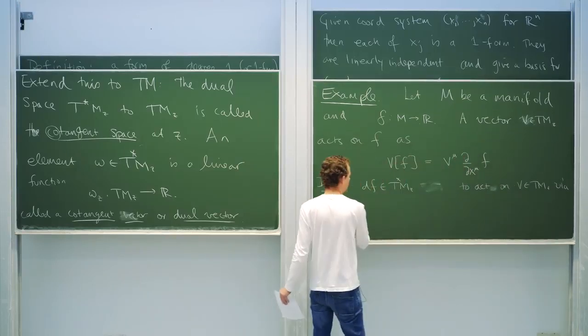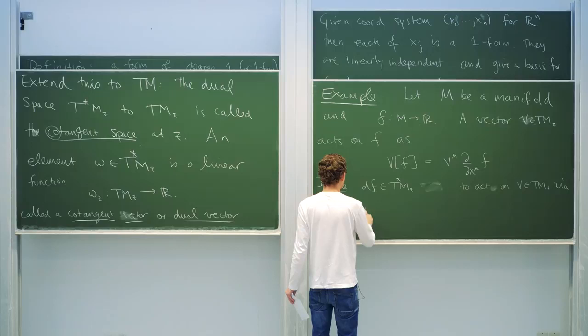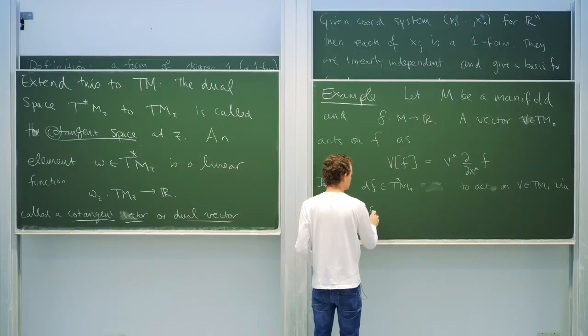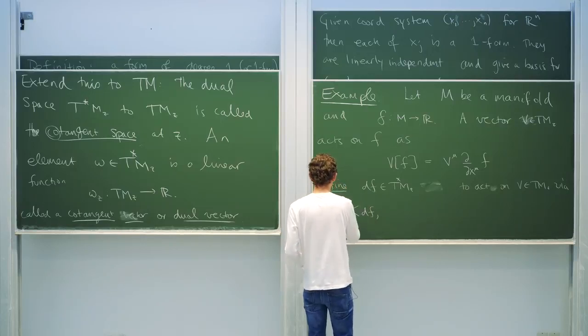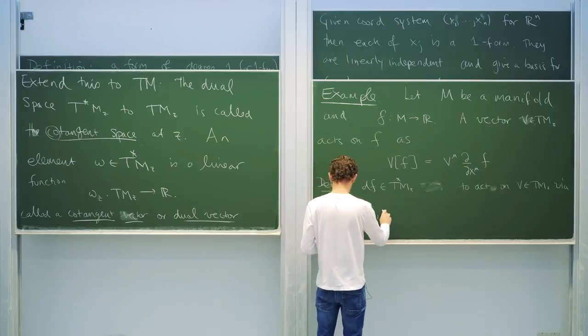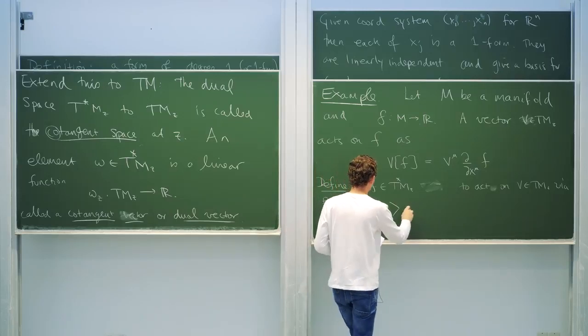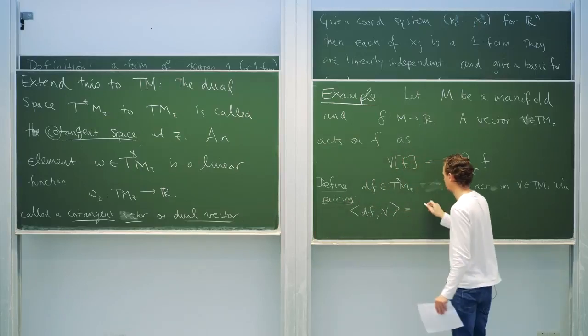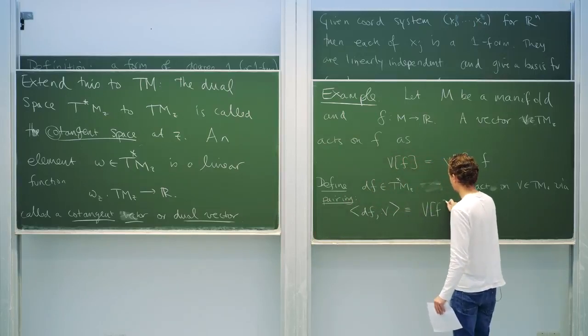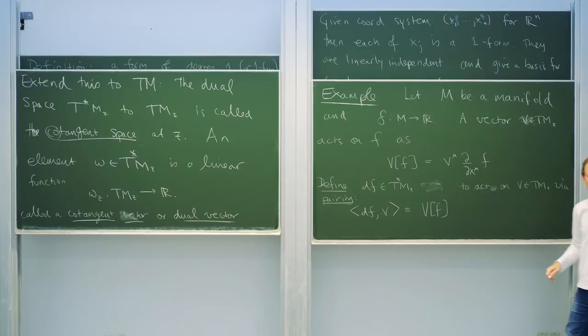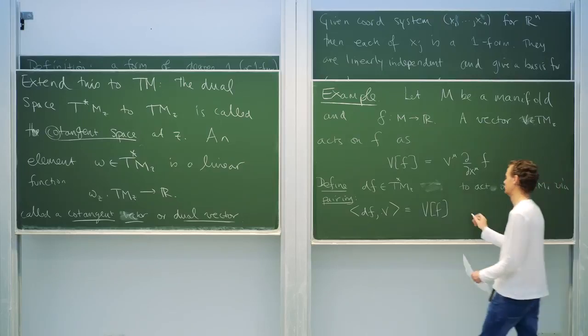We're going to introduce a pairing which is defined simply to be do v on f.